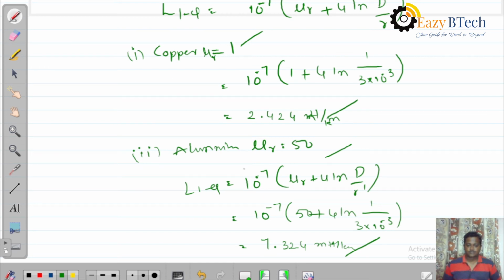Next, we will take another problem: if the distance is different, we will change the distance, then how we can calculate the effect on inductance.